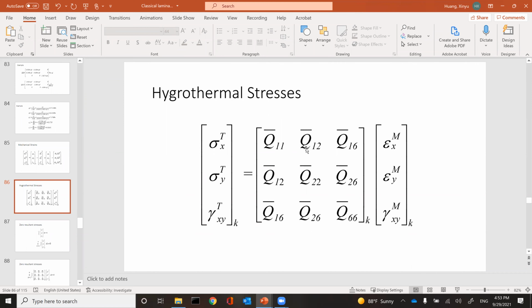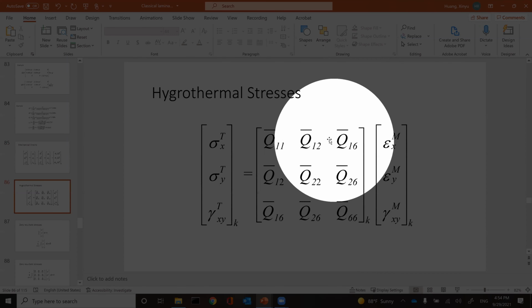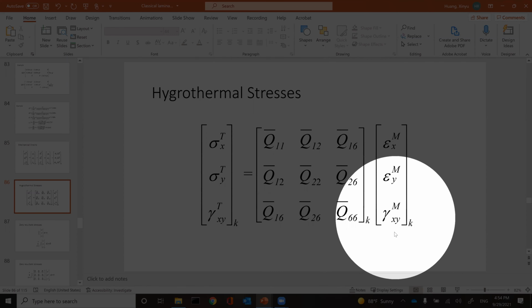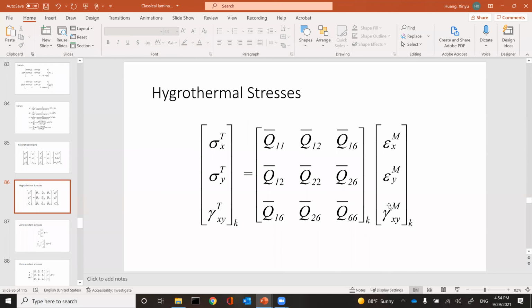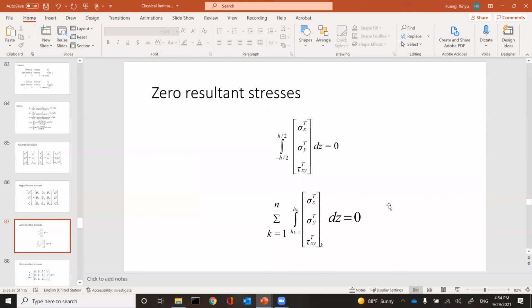All right, so this actually occurs at every layer. In every layer, this is a thermally induced stress, this Q matrix multiplied by the mechanical strain due to the thermal effect. Okay. And then you can figure out the total stress due to these mechanical stresses induced by thermal effect. You can sum up through the thickness.